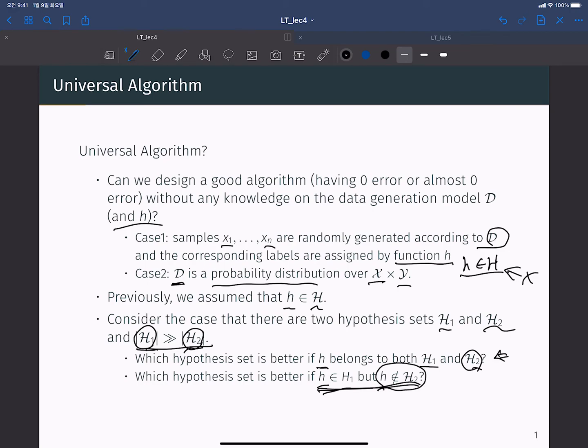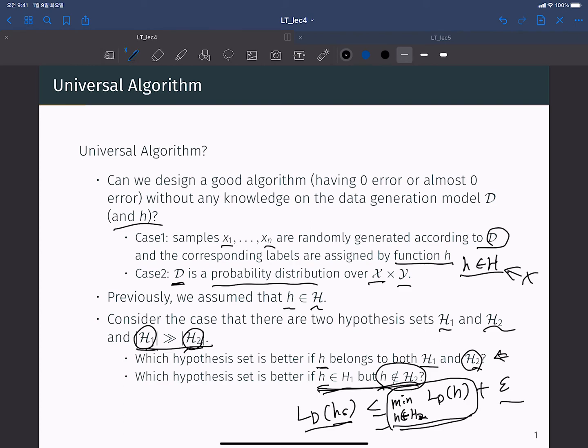When the true hypothesis does not belong to our hypothesis class, what we can say is just this: compared to the best among our hypothesis class, what is the sample complexity, our outcome by some ERM rule has test error less than or equal to our best hypothesis among our hypothesis class plus epsilon. That is what we can say at most when the true hypothesis is not a member of our hypothesis class.